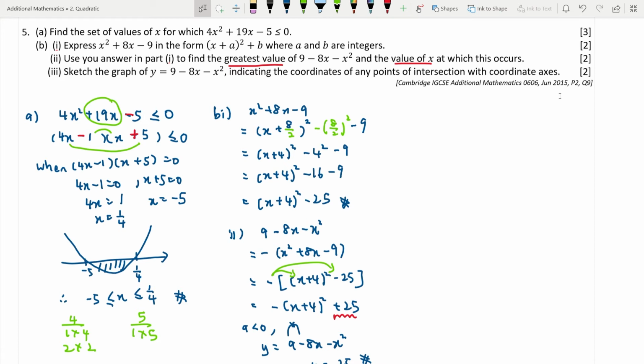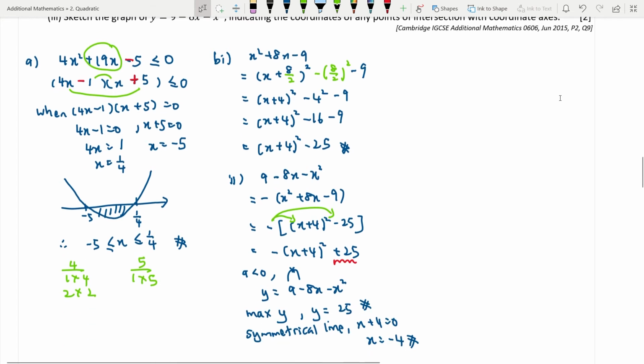Some of the information we already obtained in B2. We already obtained the shape, the maximum value, and the axis of symmetry. By combining the axis of symmetry and maximum y value, we obtain the maximum point, negative 4, 25.